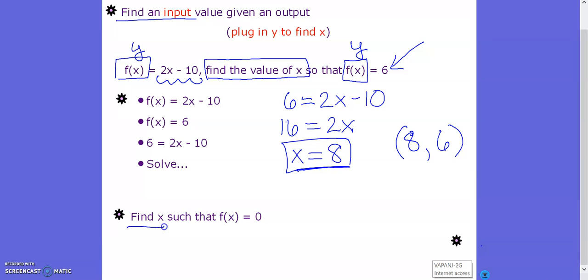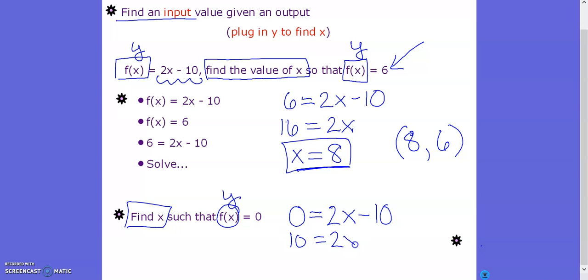It says find x. Okay, then I don't know what x is, but do I know what y is? Yeah, because this is a fancy way to say y. So y is 0. I'm going to make y 0, and I'm going to find x. I add 10 to both sides and divide by 2, and I get my x to be 5.